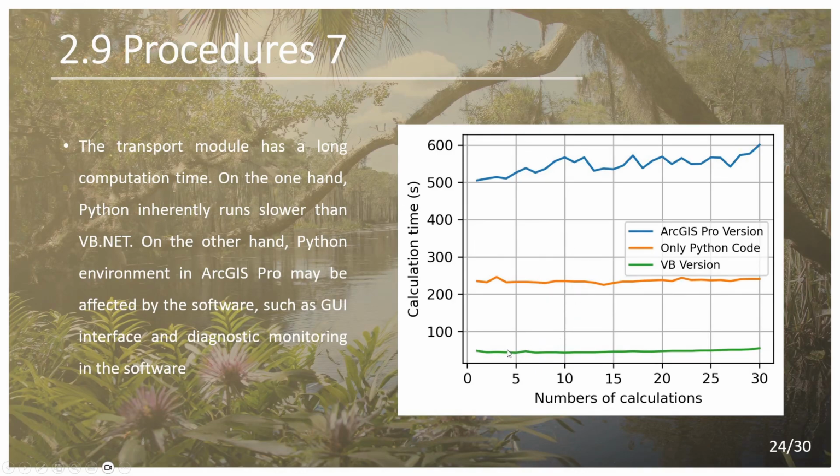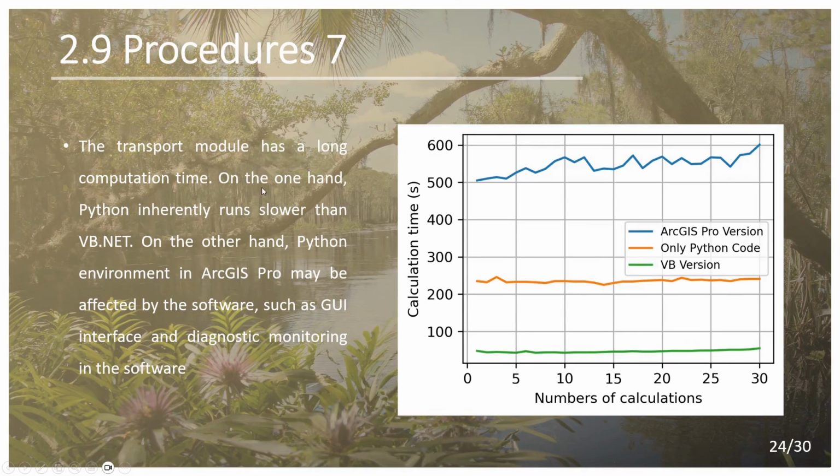We can find the VB version of the code calculated in less than 1 minute. Running just the Python code took about 4 minutes. However, under the ArcGIS Pro environment, it probably takes 10 minutes.